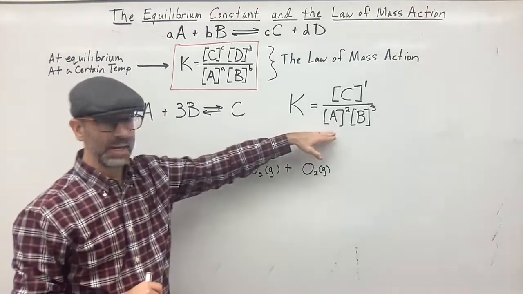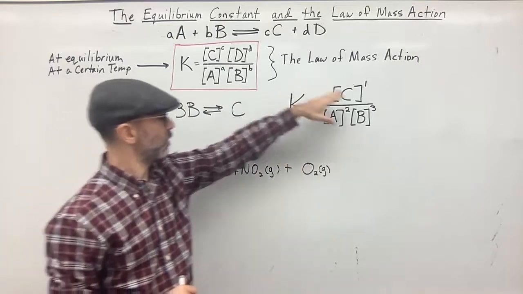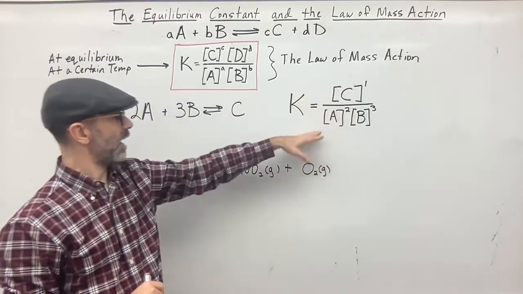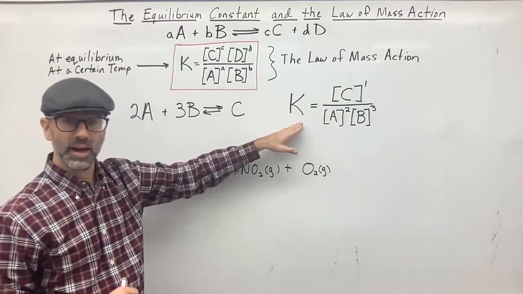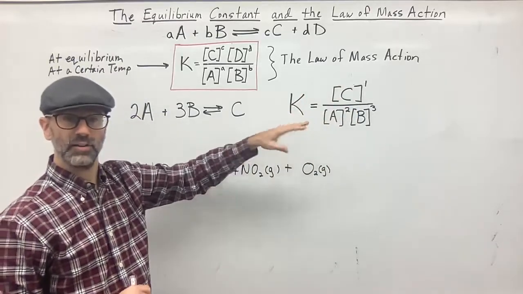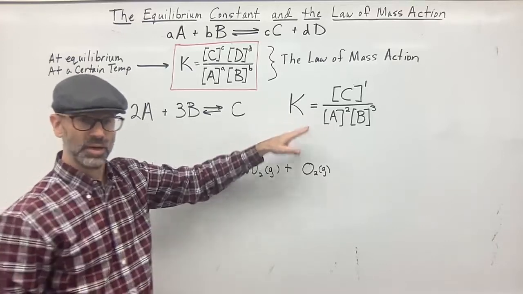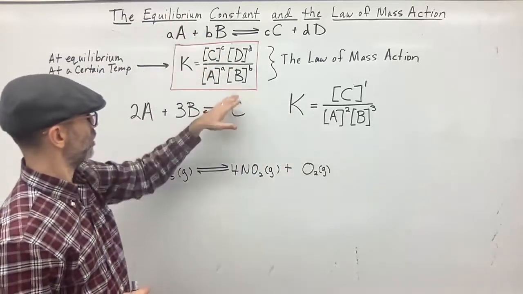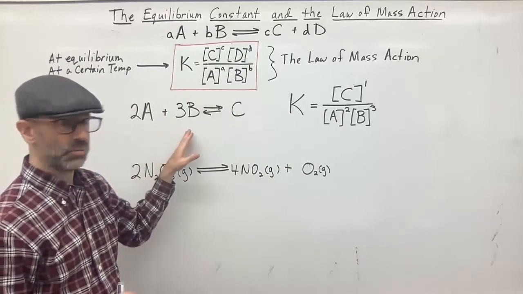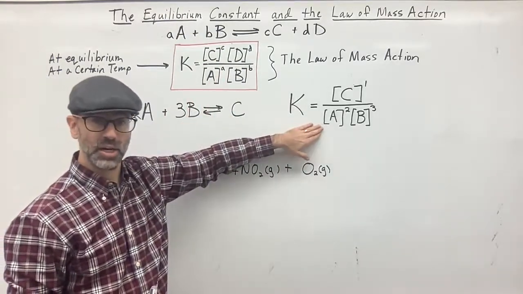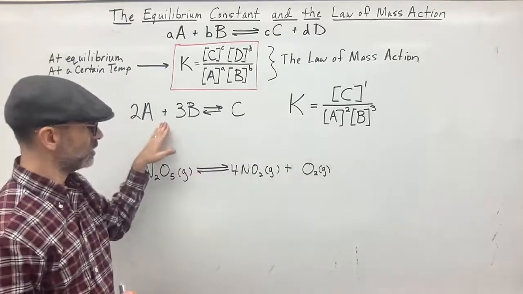So at equilibrium, we would put in whatever the concentrations are and calculate that constant. And so that number, whatever we get, should be the number that we'll always get at equilibrium, because the equation here at equilibrium is this expression here. This expression here is related to this equation.